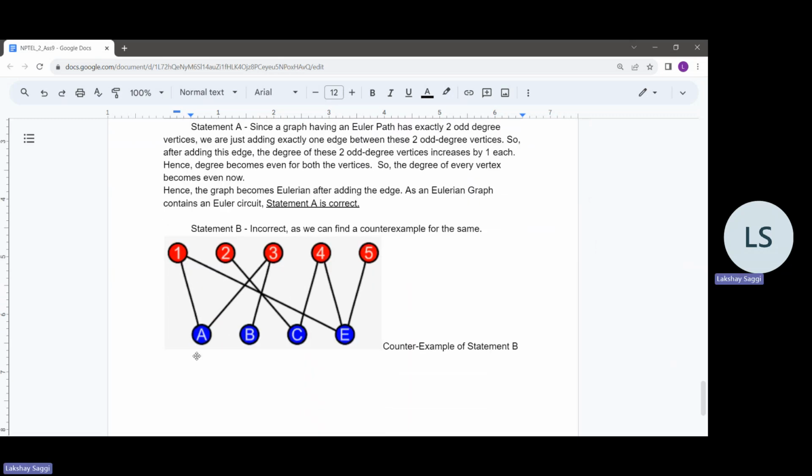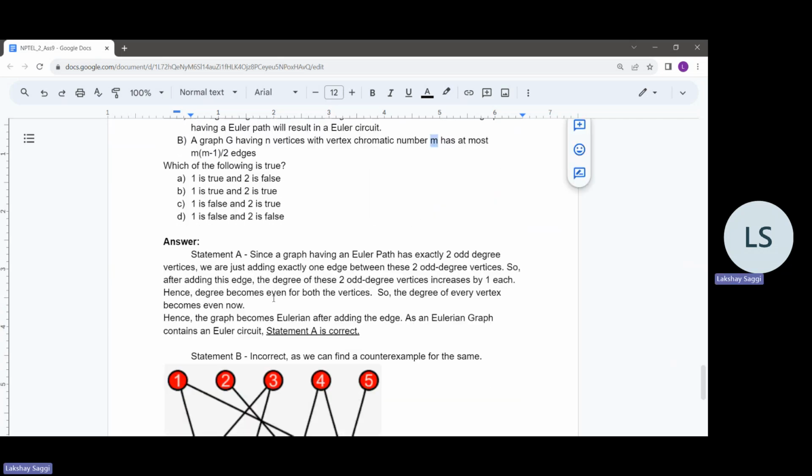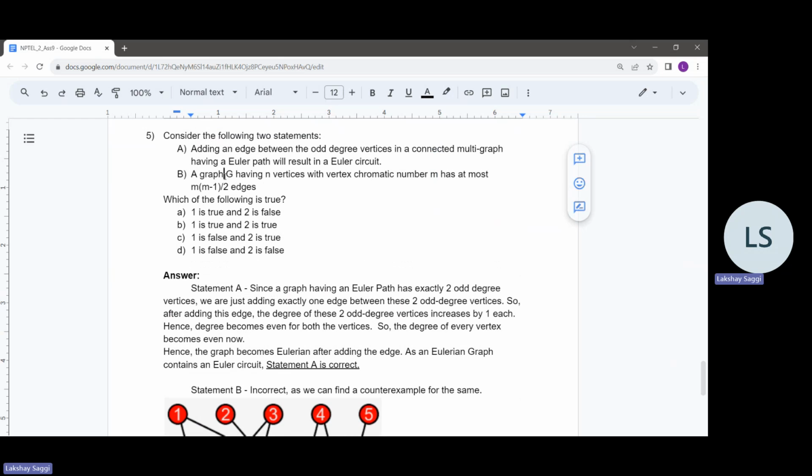But we know that this graph has a lot of edges. There can be edges from this side to this side for every pair of vertices. So this graph you can easily see has more than 1 edge. So this statement is incorrect.